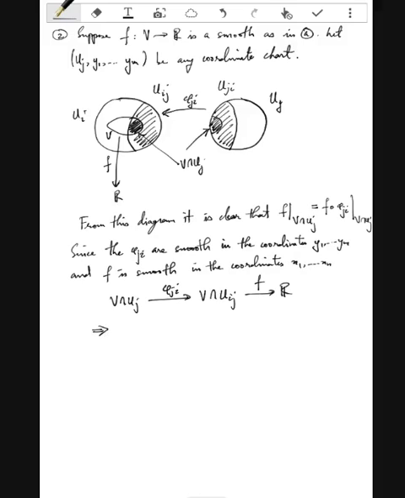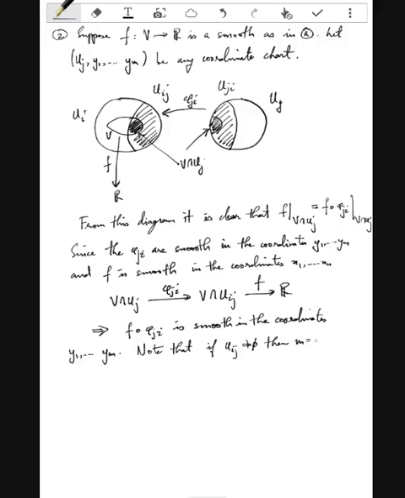So this implies the composition f composed with phi_ji is smooth in the coordinates y1 through ym, which is what we wanted to prove. And let's just remark that if U_ij is non-empty, then m is equal to n by invariance of domain. So this completes the proof of the remark.